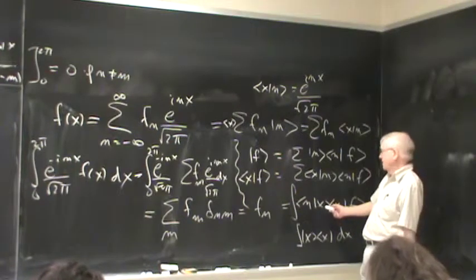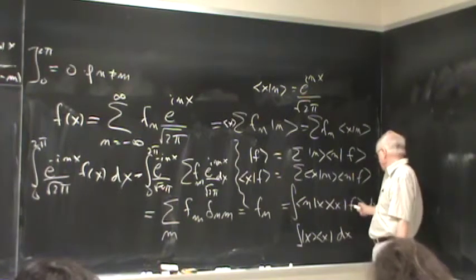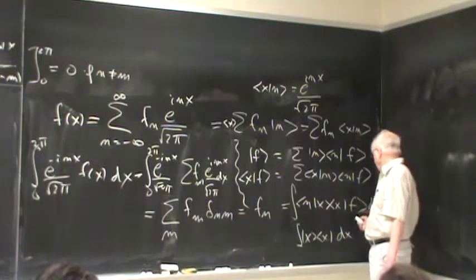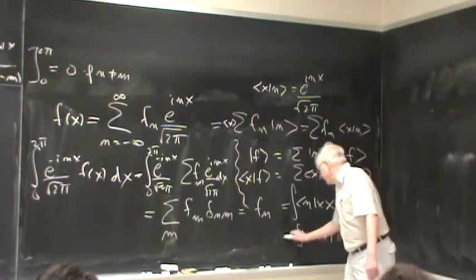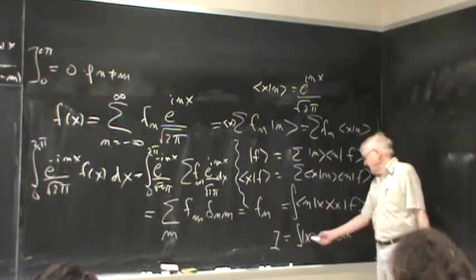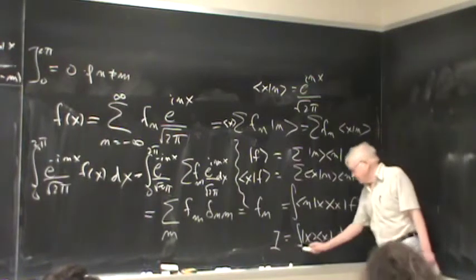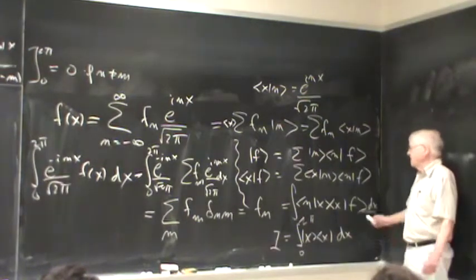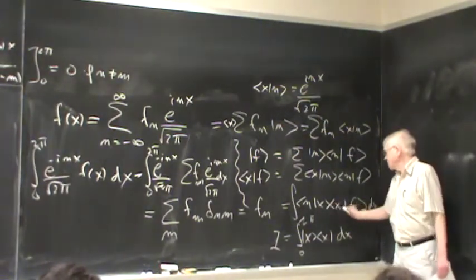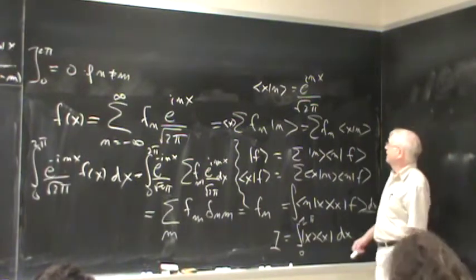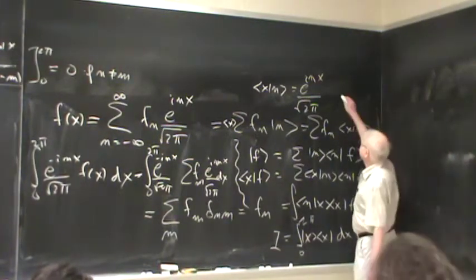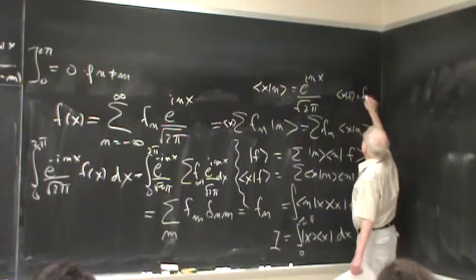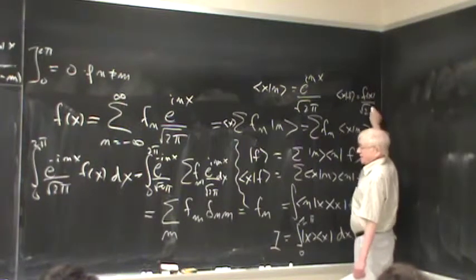Let's see, that will have a square root of 2 pi, that'll have a square root of 2 pi, so this in fact is the identity. So the identity is an integral 0 to 2 pi dx, and then when we take the inner product, each of these gives us a 1 over 2 pi. And we can say xf is f of x over square root of 2 pi.